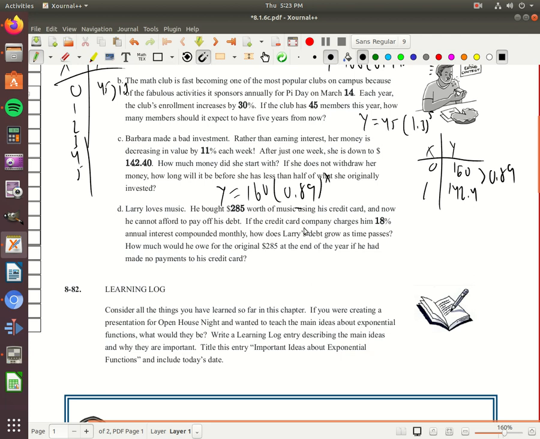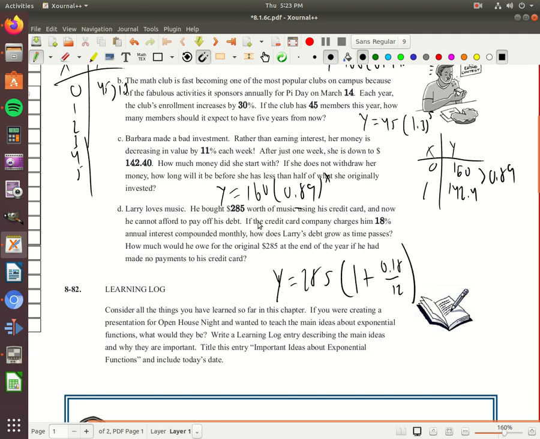Larry loves music. He bought $285 worth of music using his credit card, and now he cannot afford to pay off his debt. If the credit card company charges him 18% annual interest compounded monthly, how does Larry's debt grow as time passes? Well, we would say 285 times (1 plus 0.18 divided by 12), right?